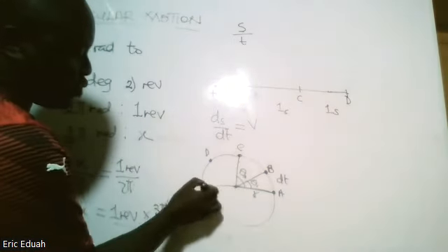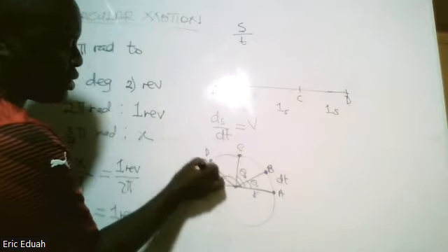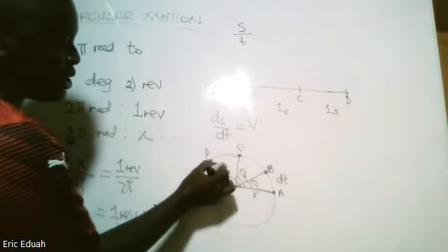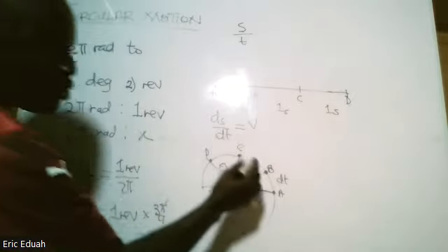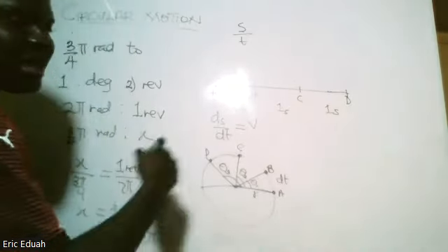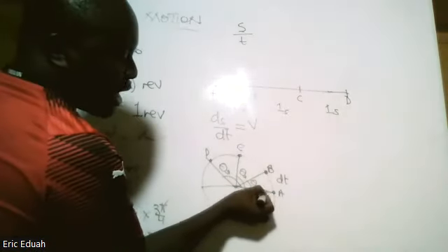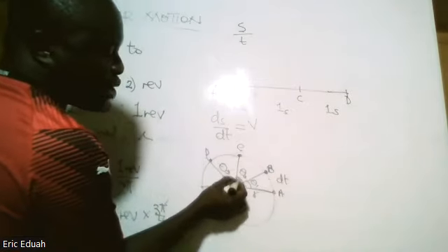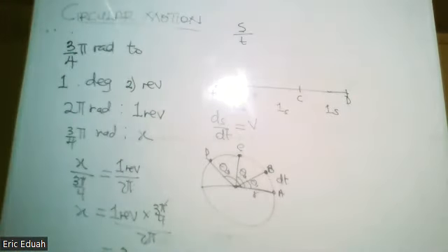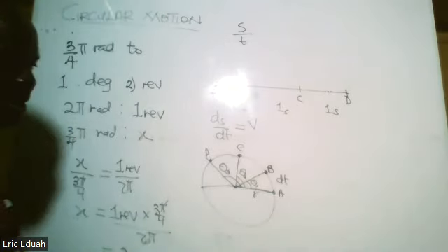When it moves to D, the angle changes to θ3. So within equal time intervals, the angular displacement is also changing, and it gives us a new parameter.